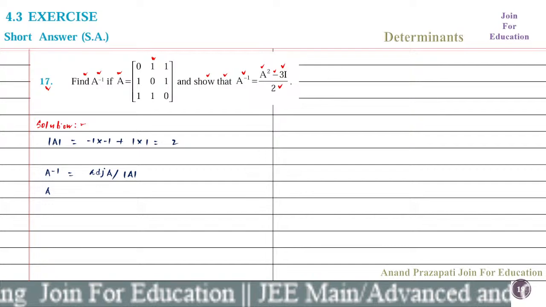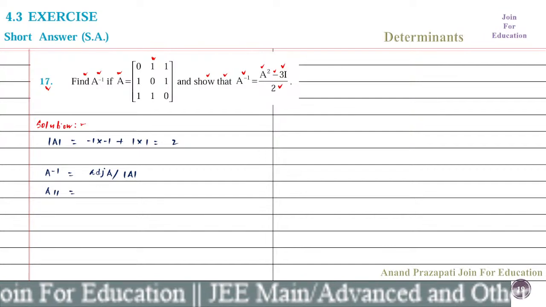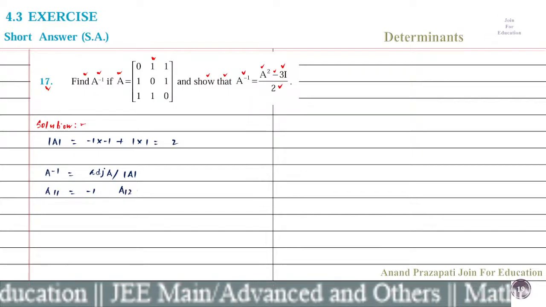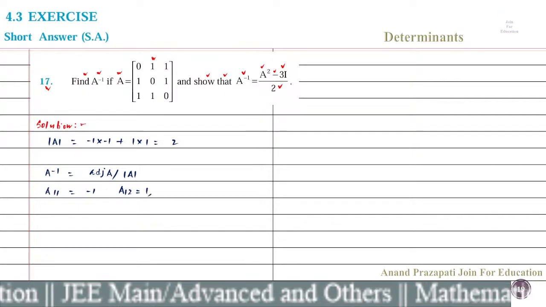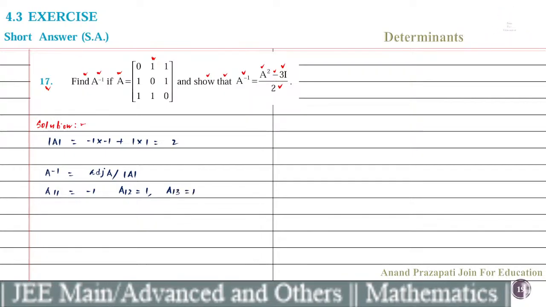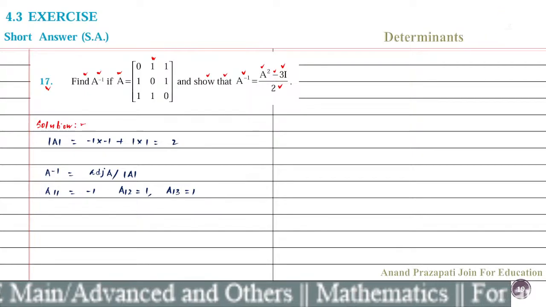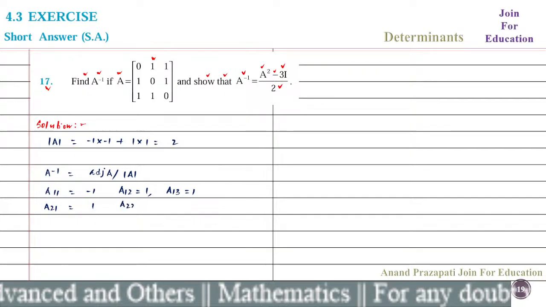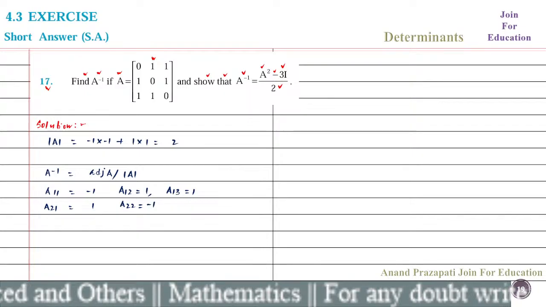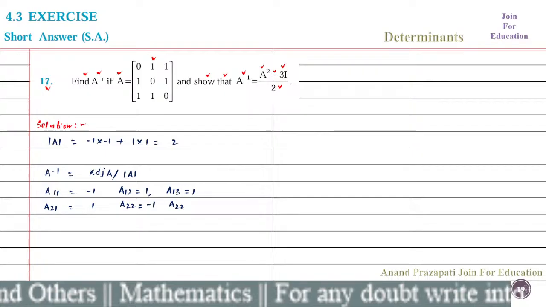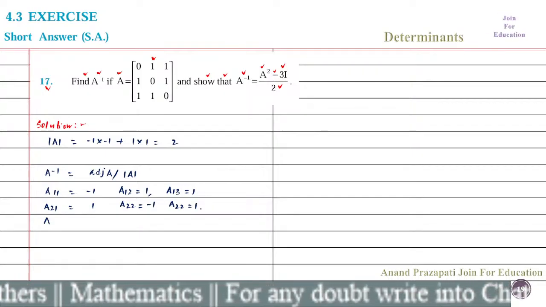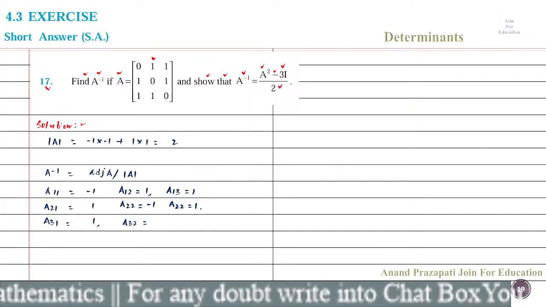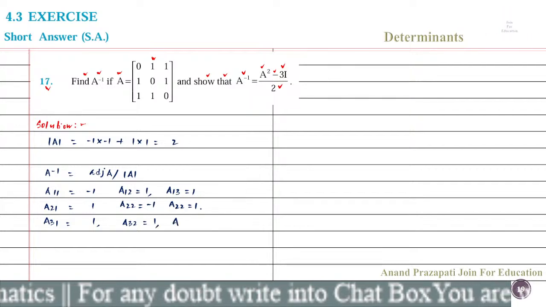So the cofactors of first row here will be A11 equal to -1 and A12 equal to 1 and A13 equal to 1 and A21 equal to 1 and A22 equal to -1 and A23 equal to 1 and A31 equal to 1 and A32 equal to 1 and A33 equal to -1.